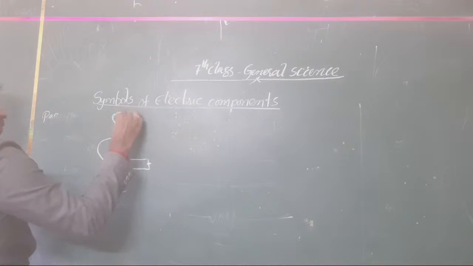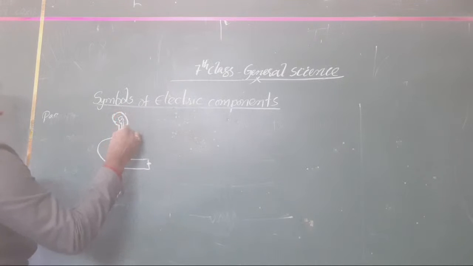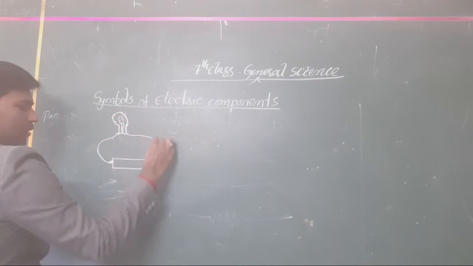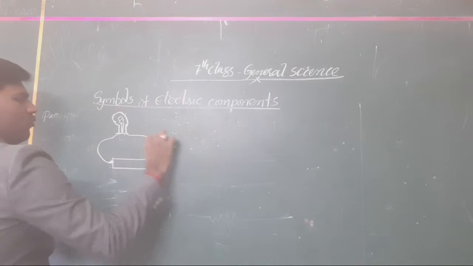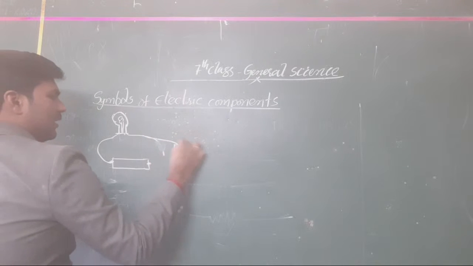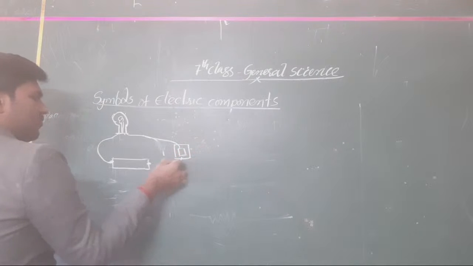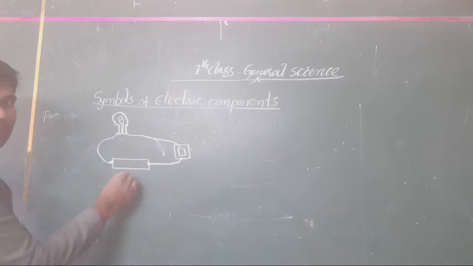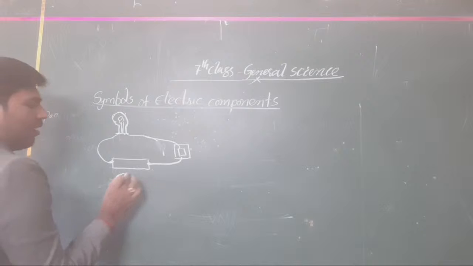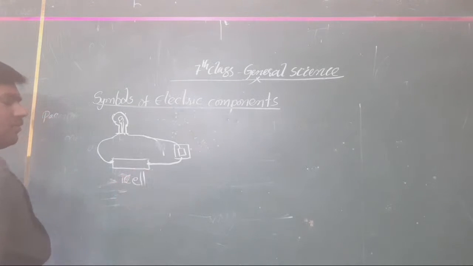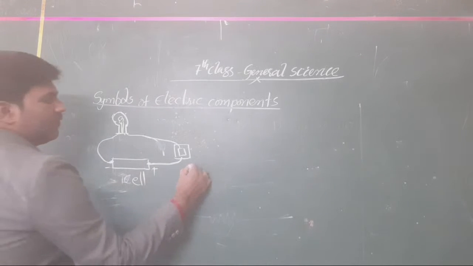We have taken a bulb like this. These are the instruments, and now I have connected one more wire here. We have taken one switch here. The switch is connected to the other terminal. What is it? It is a battery or a cell. We have taken it here. Okay, this is the positive terminal, this is the negative terminal, and this is a switch.